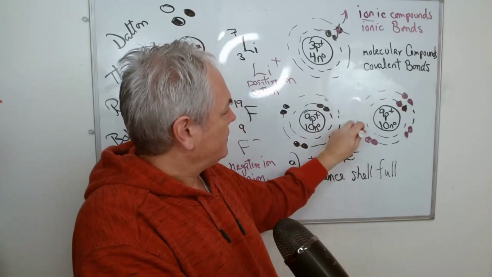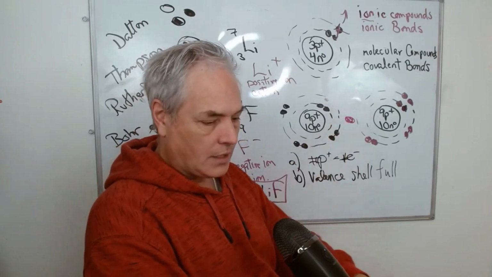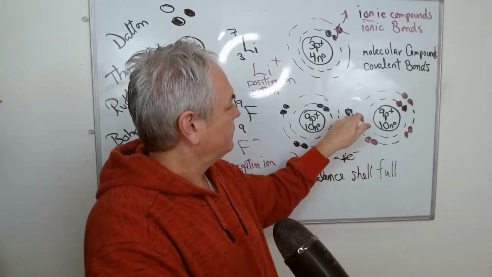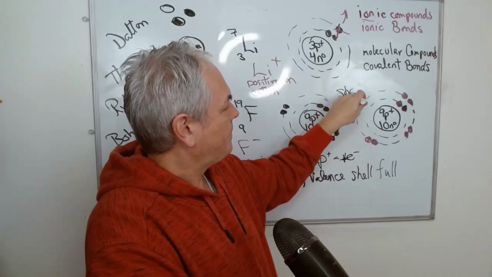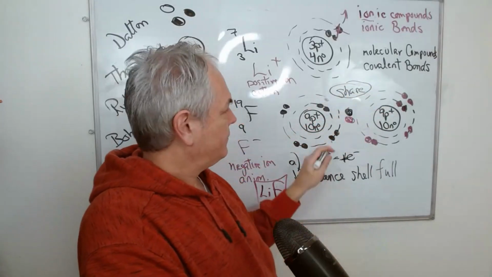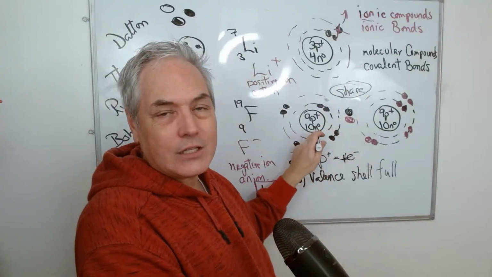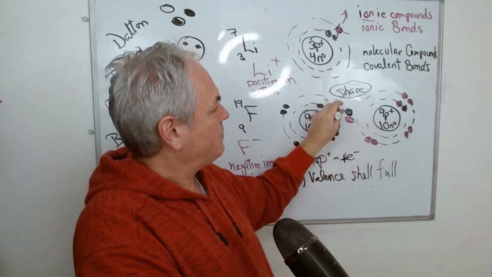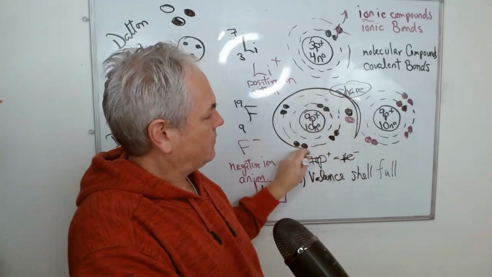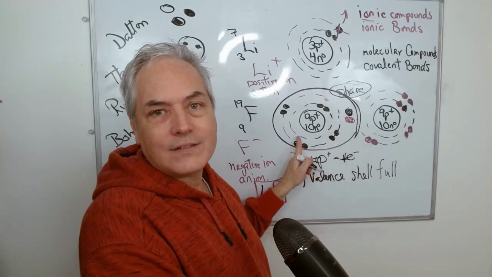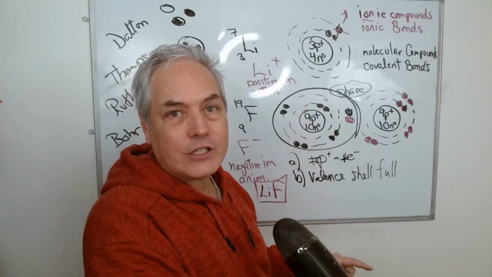So what they will do is share electrons to make sure it works well. So what do I mean by sharing? Well, this one here will say, you know what, I want an electron. It will say, share one of your electrons with me. So when it does, it now has 1, 2, 3, 4, 5, 6, 7, 8 electrons on the outer shell.